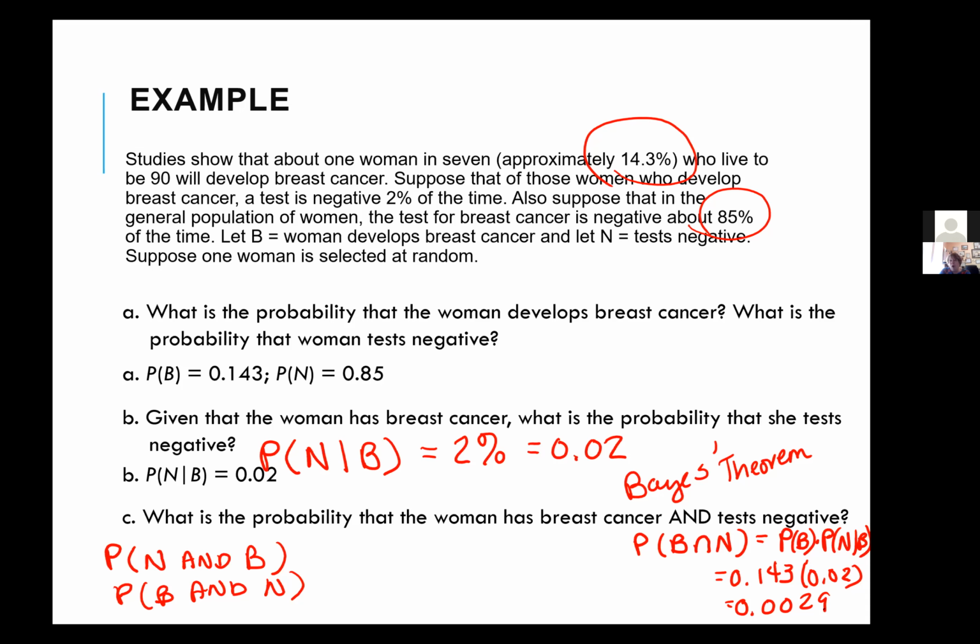So it's a pretty small percentage that's going to have breast cancer and test negative. Again, where did I get that the probability of B and N is the probability of B times the probability of N given B? That's Bayes' theorem. And the probability of B and N occurring is 0.143 times 0.02, which is 0.0029.